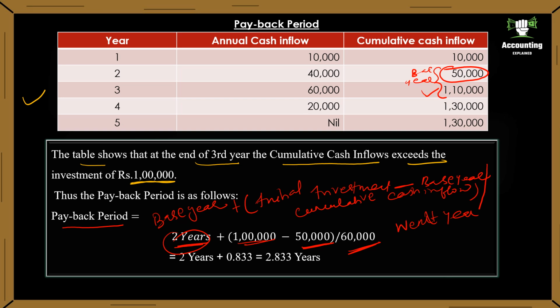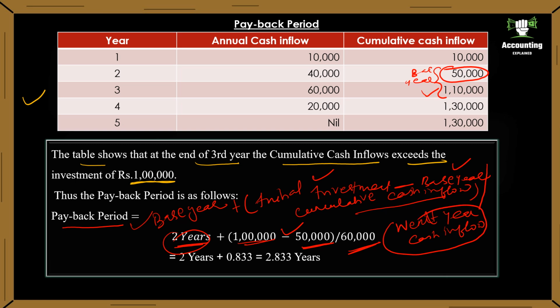Cash inflow. So the formula is base year from where it starts. Here in this question it starts from the second year to third year, no? So base year plus initial investment minus base year cumulative cash inflow. Here second year cumulative cash flow, that is 50,000, and next year cash inflow.